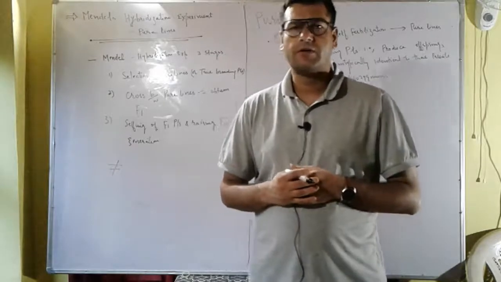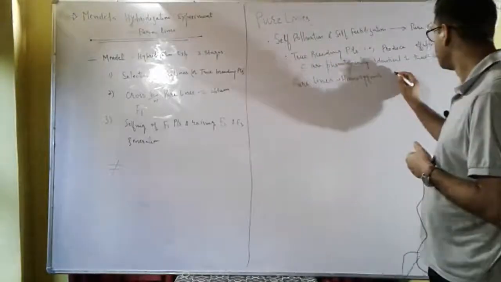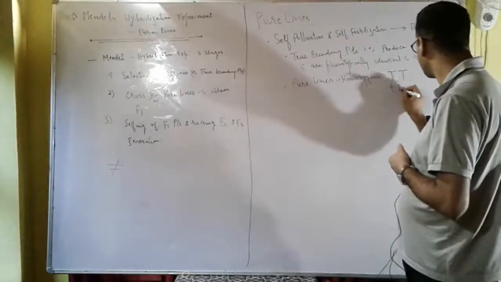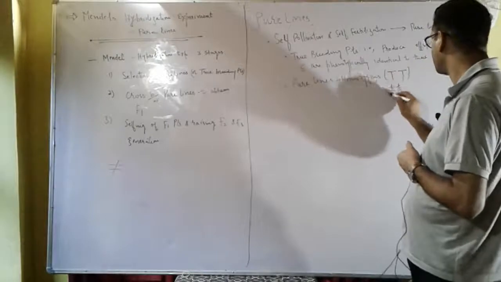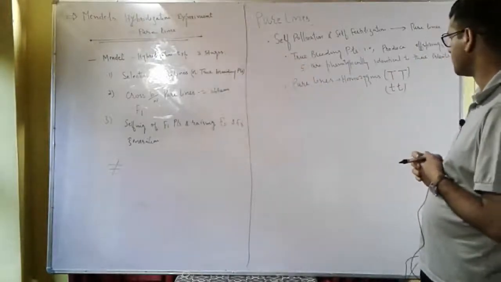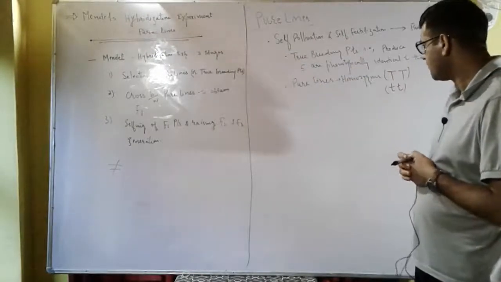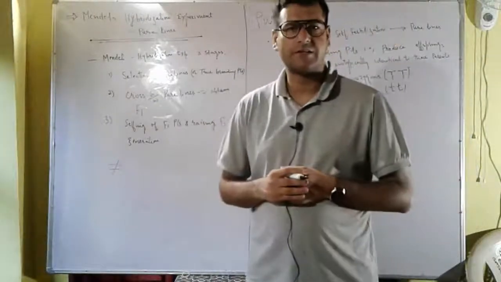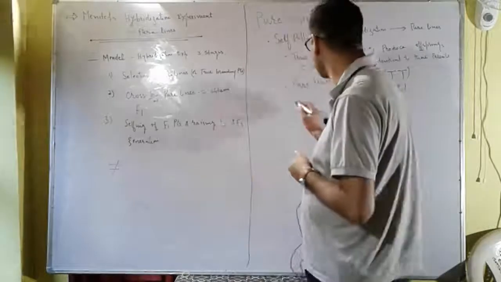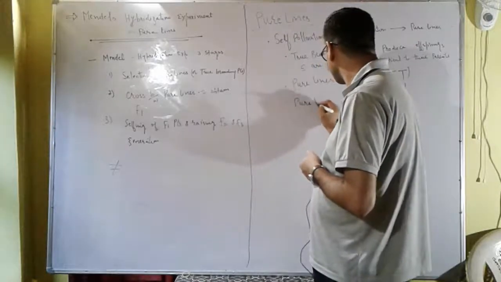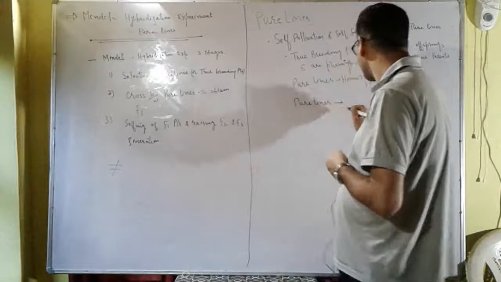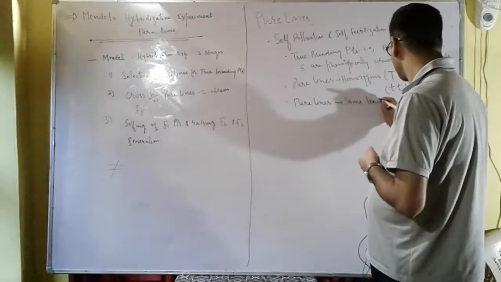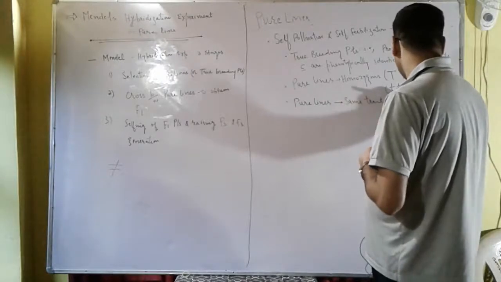For example, if we say capital T for tallness, then TT or small t small t, these are pure lines. So they have two identical alleles for the gene. And true breeding plants produce the same trait generation after generation. Another definition of pure lines is that they produce the same trait generation after generation.